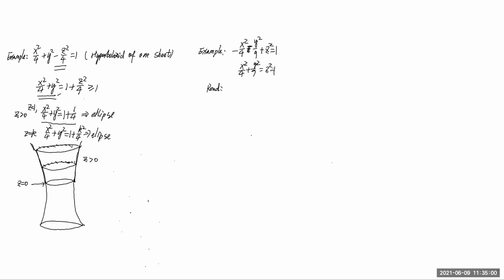z cannot be between -1 and 1, because this has to be greater than 0. You can read that the absolute value of z has to be greater than or equal to 1. When z equals 1 or -1, we get 4x squared plus 9y squared is 0.